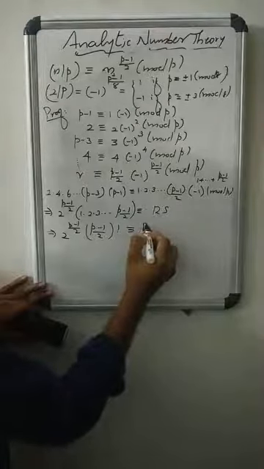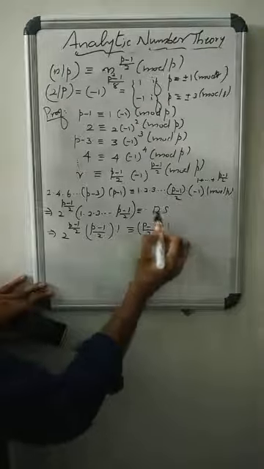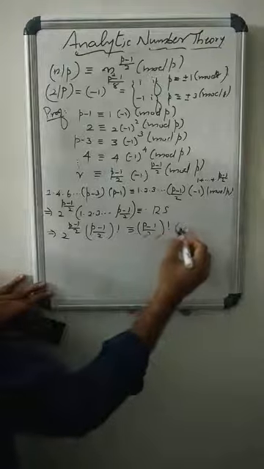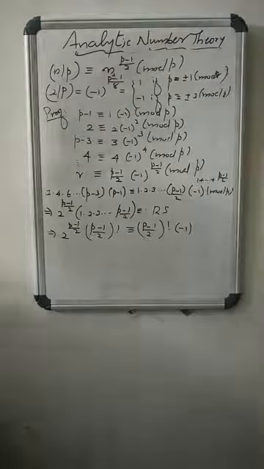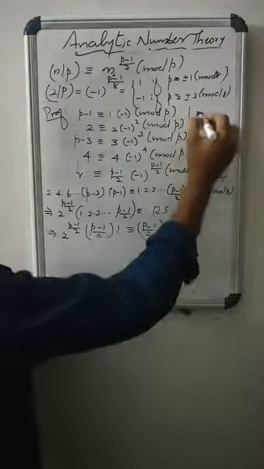again the first term, ((p-1)/2)!, into (-1) power the sum of the first n natural numbers. What is the sum of the first n natural numbers?